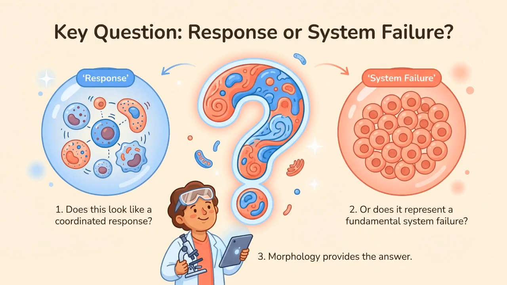This critical evaluation is not just about identifying abnormal cells. It's about interpreting the underlying biological narrative they convey. By consistently asking this question, you will sharpen your diagnostic acumen and contribute significantly to accurate patient care, guiding clinicians toward appropriate interventions. Remember, the cells are always telling us something.